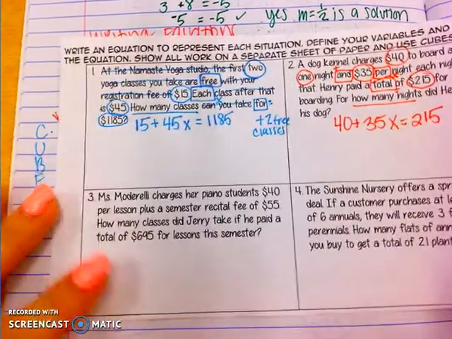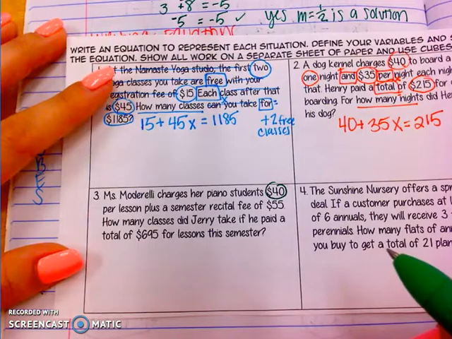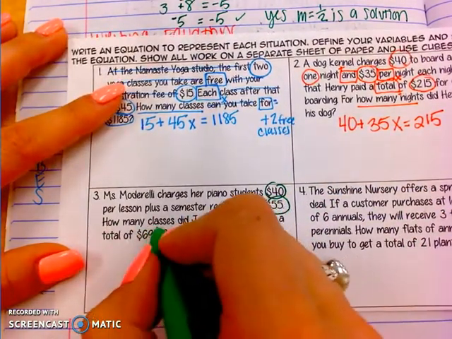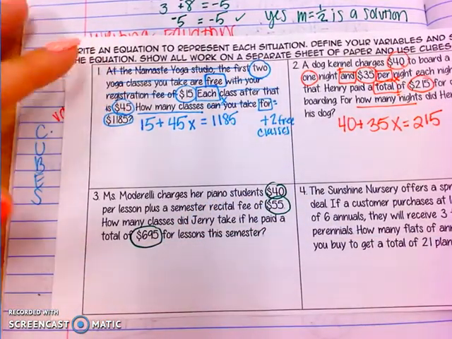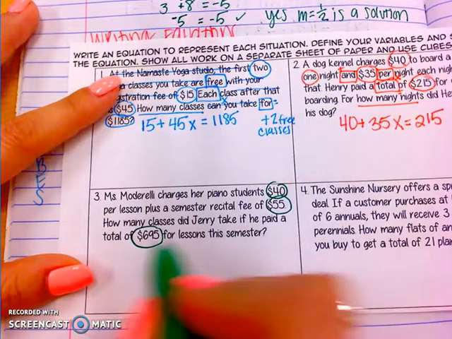Okay? If Mrs. Martorelli charges her piano students $40 per lesson plus a semester recital fee of $55. How many classes if he paid a total of $695? Let's underline the question.